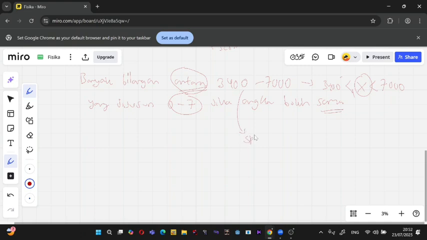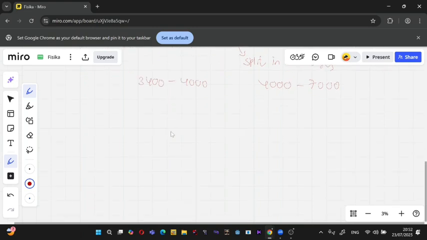The first case being 3,400 until 4,000, and the second case being 4,000 till 7,000. Why is that? Because in 3,400 until 4,000, the second number will be 4, 5, 6, 7. But in 4,000 till 7,000, the second number could be 0, because 3,400 till 4,000 doesn't include 3,000, 3,100, 3,200, 3,300, and so on.